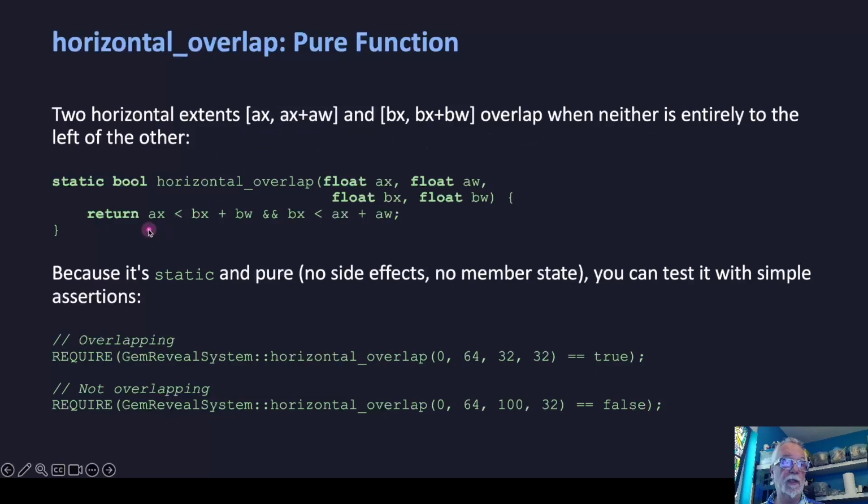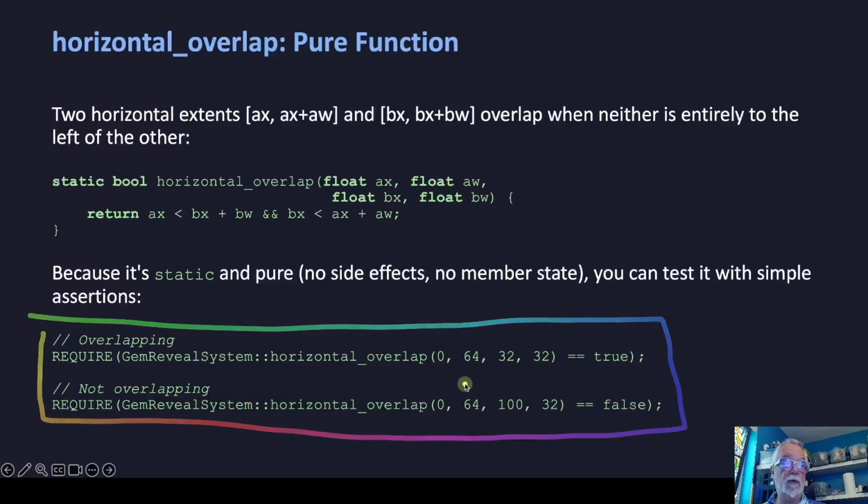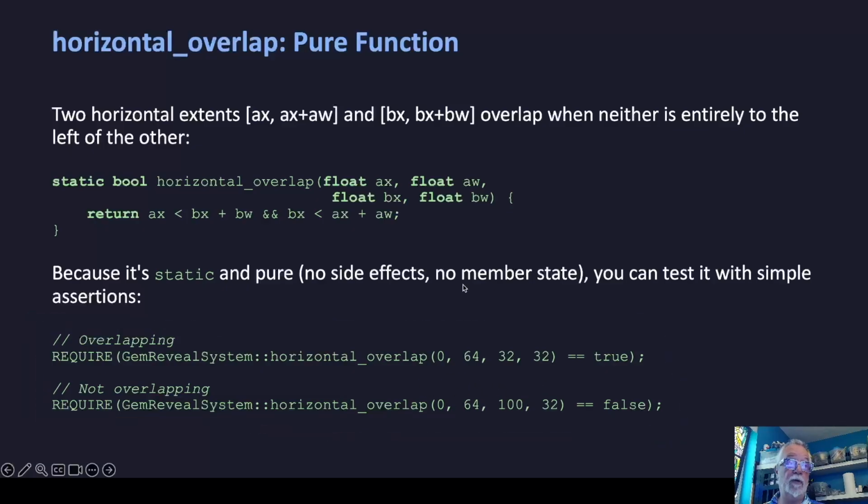If both of these are true, then it is an overlap, right? You can draw it out on a piece of paper and see how that works. So here are the tests that we can generate for that. Again, draw these out on a piece of paper and verify that this code makes sense to you.